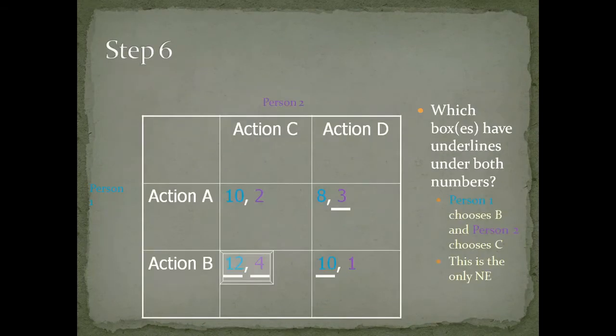That means, just consider that we move from this box to any other box. So let's say in this box person 1 is getting 12 and person 2 is getting 4. When will person 2 move to the next box? Person 2 will move to the next box only if he or she is getting a higher payoff, but if he or she moves to the next box, he is getting 1.